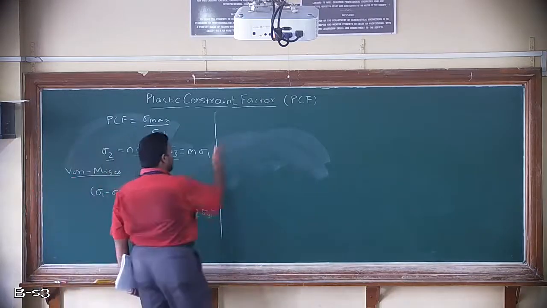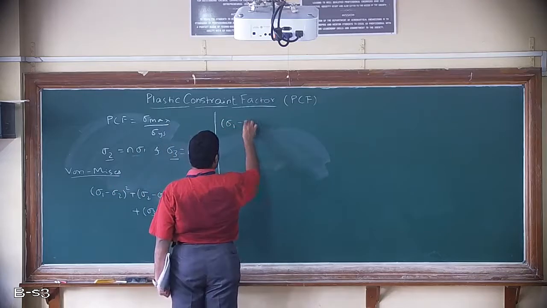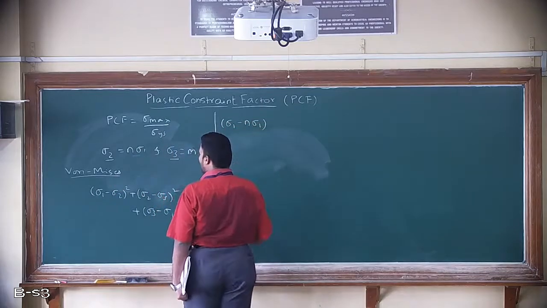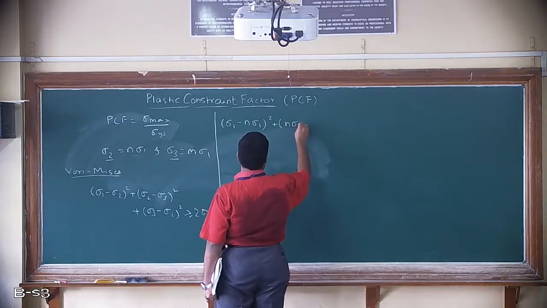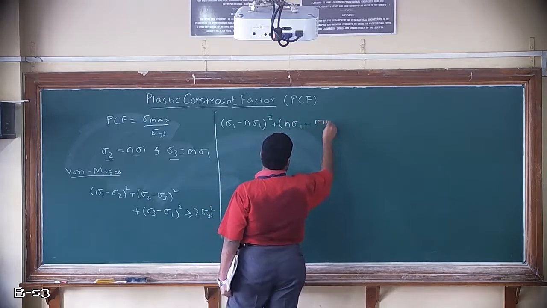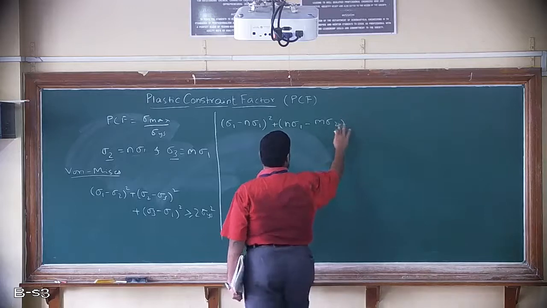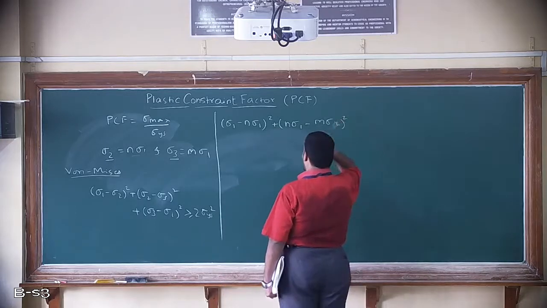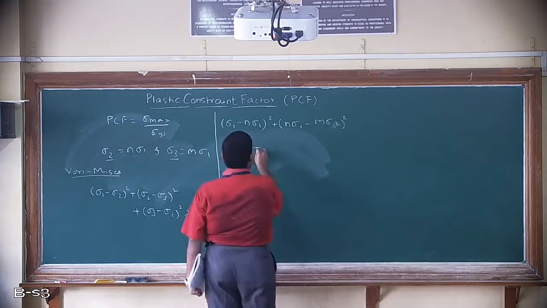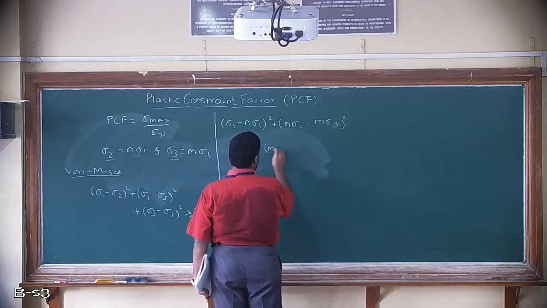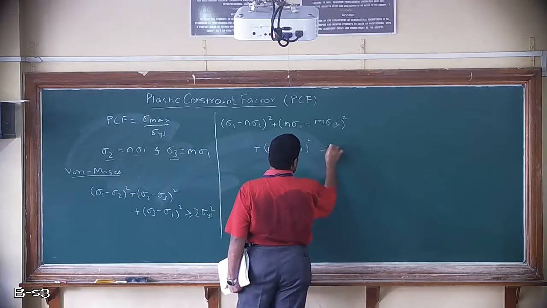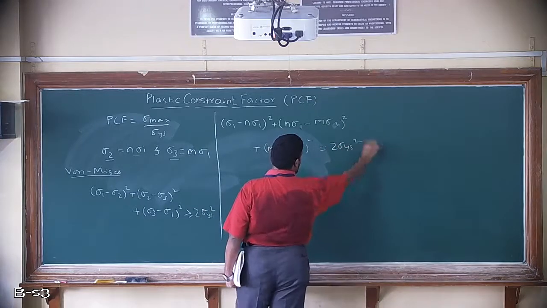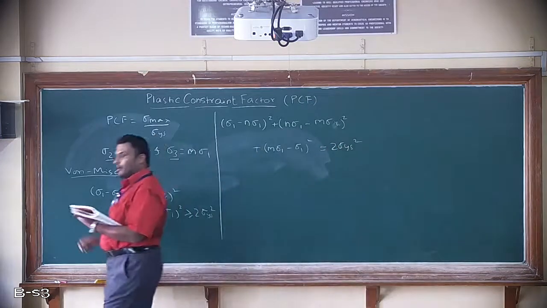So we can write this as (sigma 1 minus n times sigma 1) the whole square plus (n times sigma 1 minus m times sigma 1) the whole square plus (m times sigma 1 minus sigma 1) the whole square is equal to 2 sigma ys square, right?